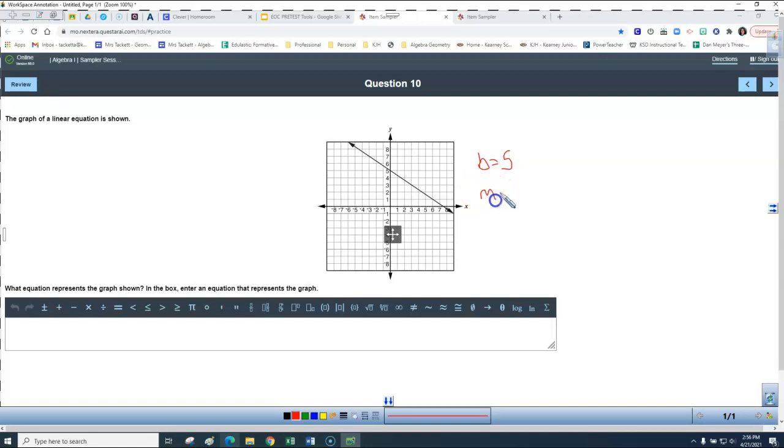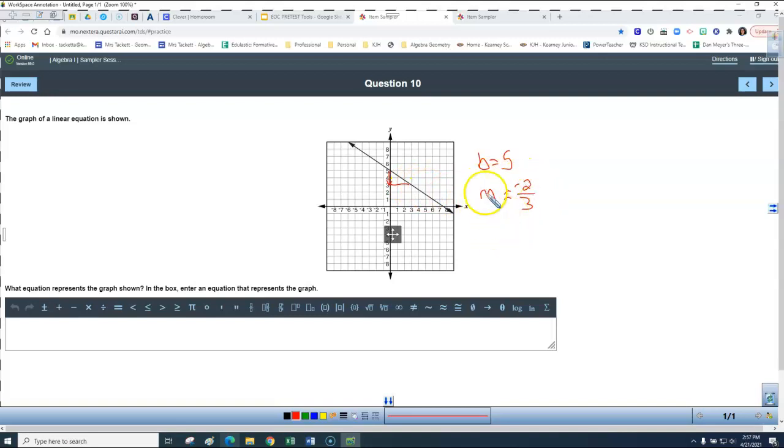And then M is going in between the 5, and we want to go to a point that for sure it's going through, like this one right here. It actually goes through 3, 3. So then we're going to take a look at how far up or down the rise is. This one's going down 2, so it's a -2, over to the right 3.